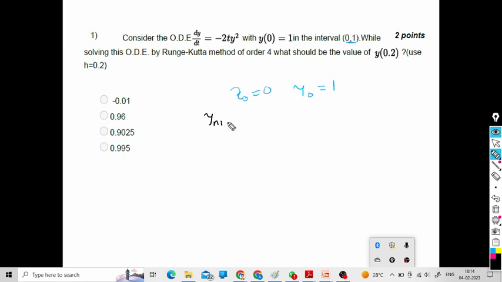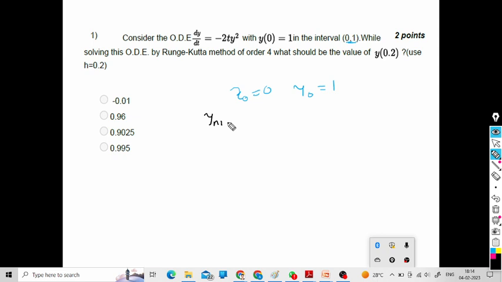Here what will be the value of k? How will we calculate k1? It can be simply calculated as h times f of x naught comma y naught. Just put the values of x naught and y naught in the given function f of x y, that is minus 2ty square.